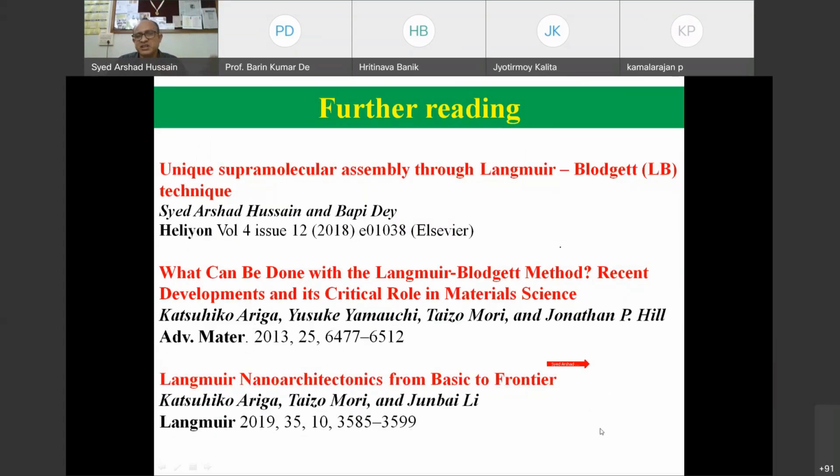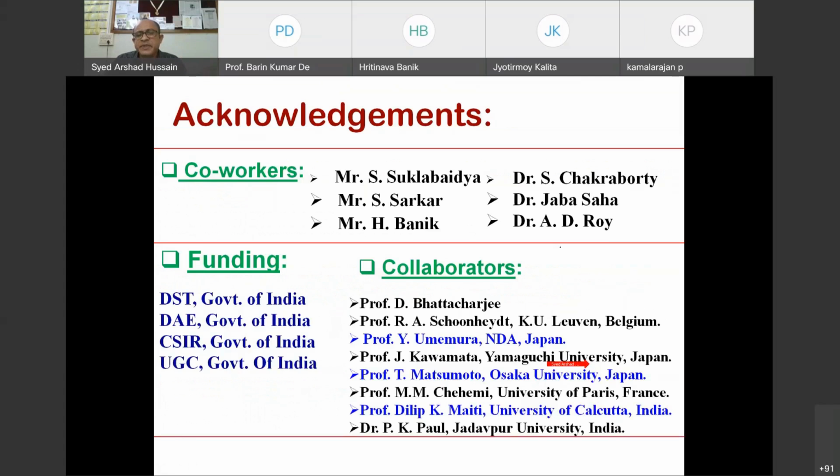If any of you are interested, you can read them, and at the same time visit our website to see our works, because this lecture is an introductory one, covering the basics of thin film preparation techniques using the Langmuir-Blodgett method. So we didn't go deep into any results, just an introductory idea. If any of you are interested, you can go through our publications, or interact by email or here also.